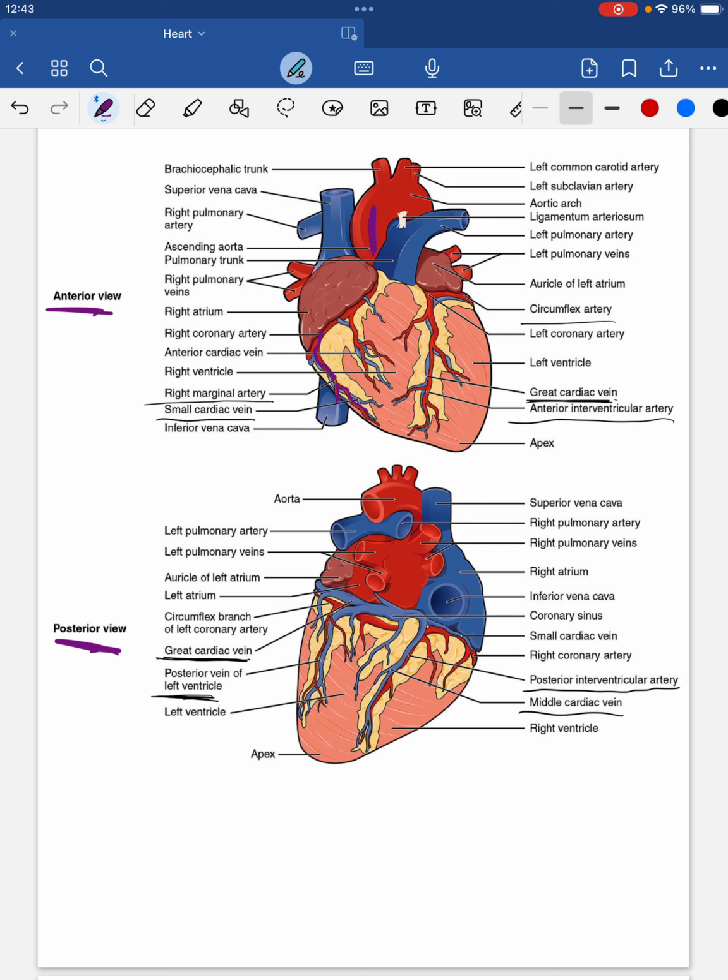So it gives the myocardium oxygen, and then our oxygen poor blood needs to go through the capillary system to the vein. So that's going to go to the small cardiac vein right in the same area here. Okay, so small cardiac vein.